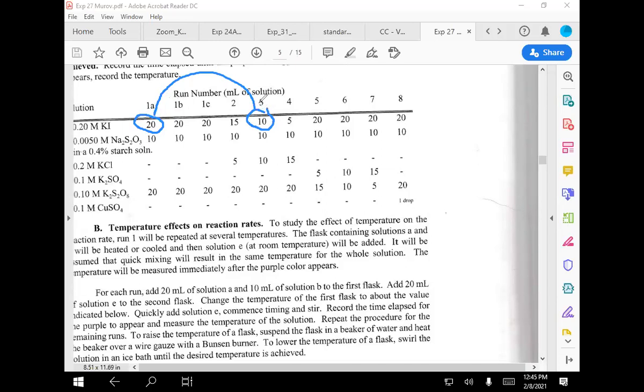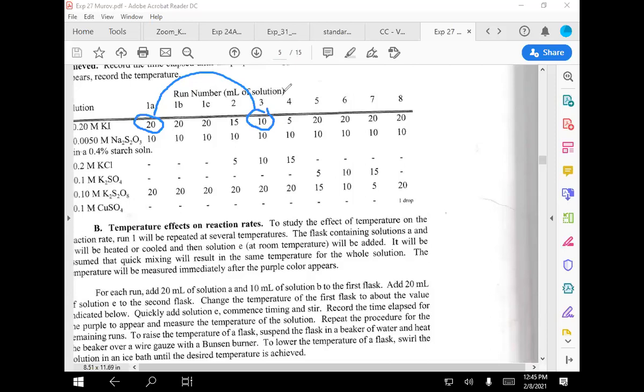Okay, so you're changing the amount of iodide. If you get the same rate in test tube 1A and test tube 3, then it's 0 order in iodide, because you're changing the amount of iodide and nothing happened. That would make it 0 order.